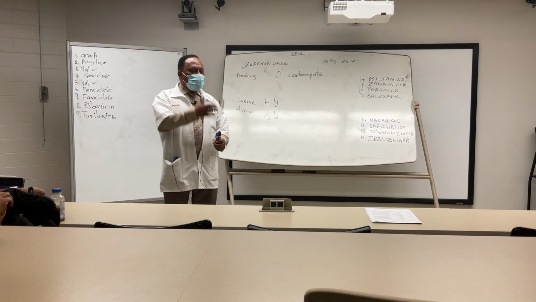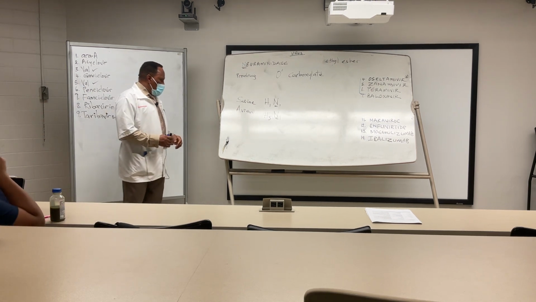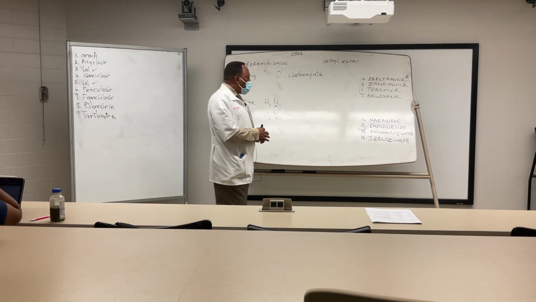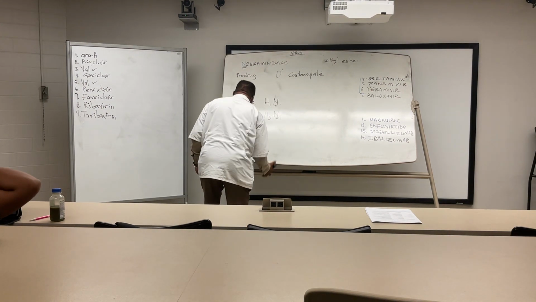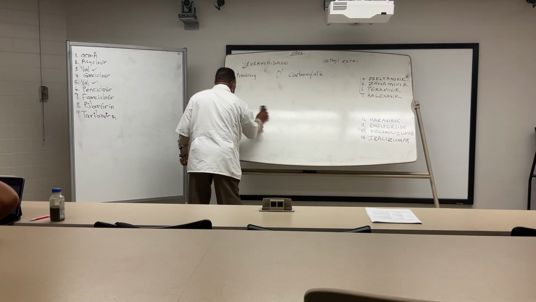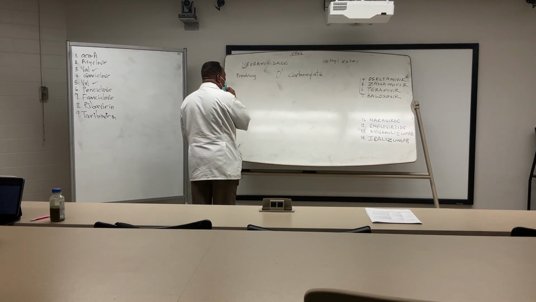So if you can inhibit neuraminidase, you can actually inhibit the viability of that virus. So in terms of the mechanism of action, that's how your oseltamivir works, or your Tamiflu.